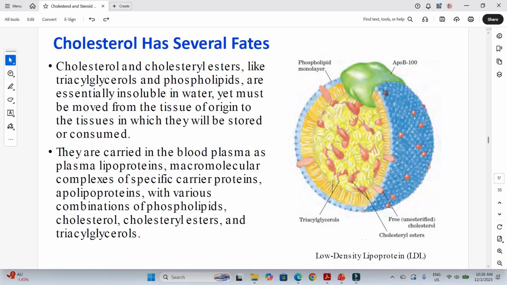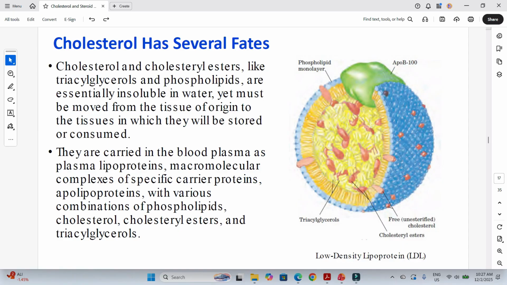Okay, so as you can see in this diagram, we have here the phospholipid monolayer, whose polar heads are exposed to water while the nonpolar tails are projected inwards. These nonpolar tails are the ones that interact with the nonpolar triacylglycerol, cholesterol, and cholesterol esters. And we have here an apolipoprotein, a carrier protein whose importance in this role will become more apparent later.